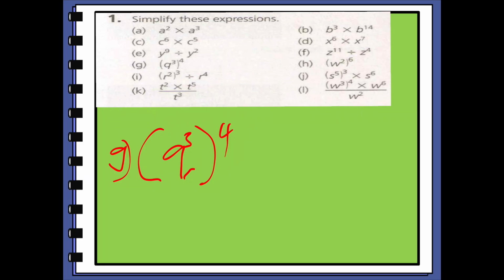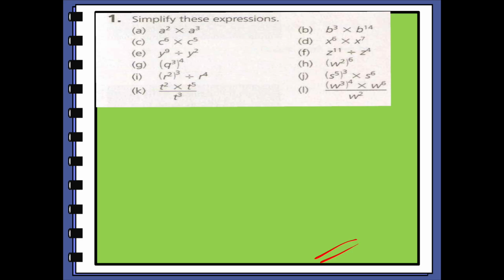In this case, since inside the bracket we have got a 3, it means we multiply the power 3 by 4. Now we do know that 3 times 4 equals 12, so the answer is q power 12, meaning q power 3 in the brackets with 4 outside equals q power 12. H, you can work it in a similar way.